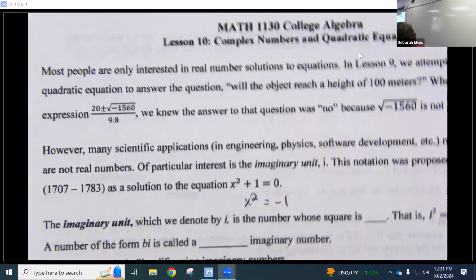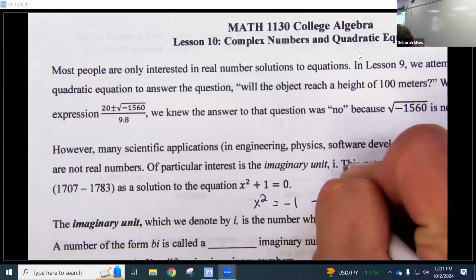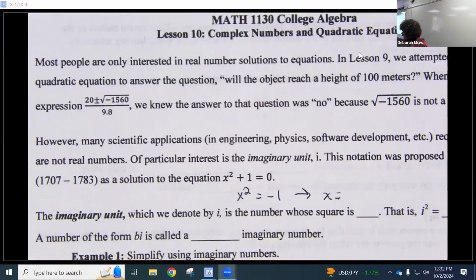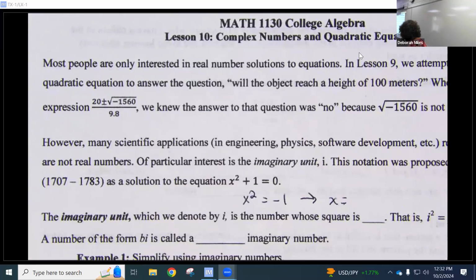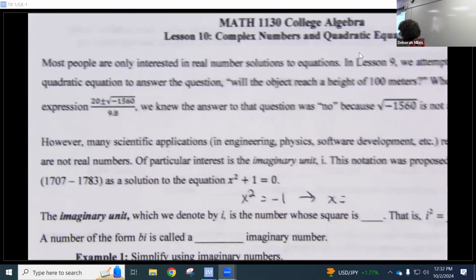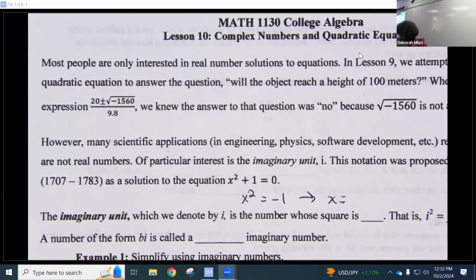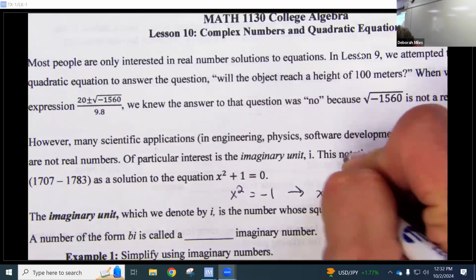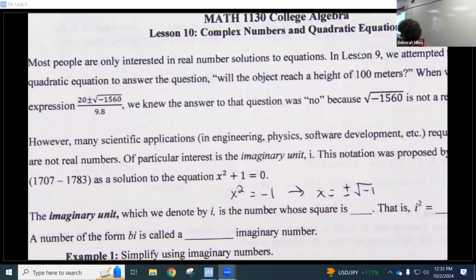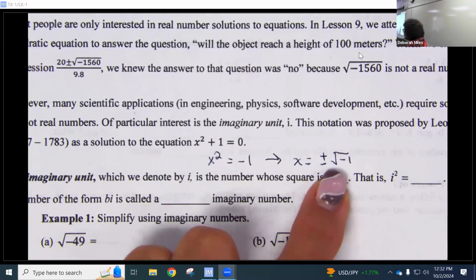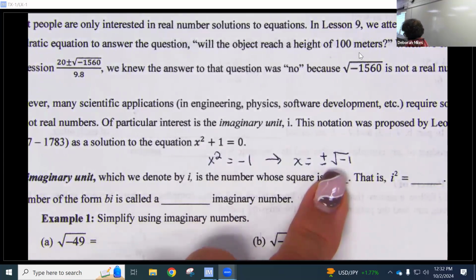And then he took the square root of both sides. And bells and whistles went off in his ancient white head. And what did he have to think? Take the square root of both sides. Don't forget the plus or minus square root of -1. And up until this point in history, everyone just threw up their hands and said, well, that ain't nothing. I can't do nothing with that, if they had really bad grammar.